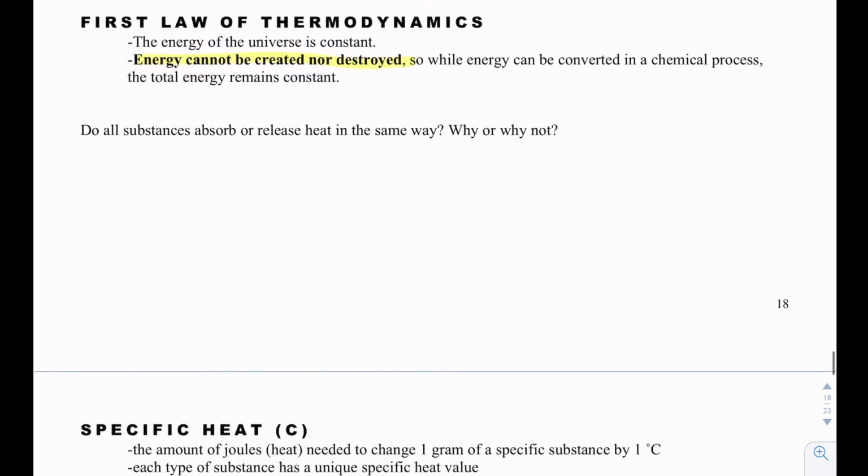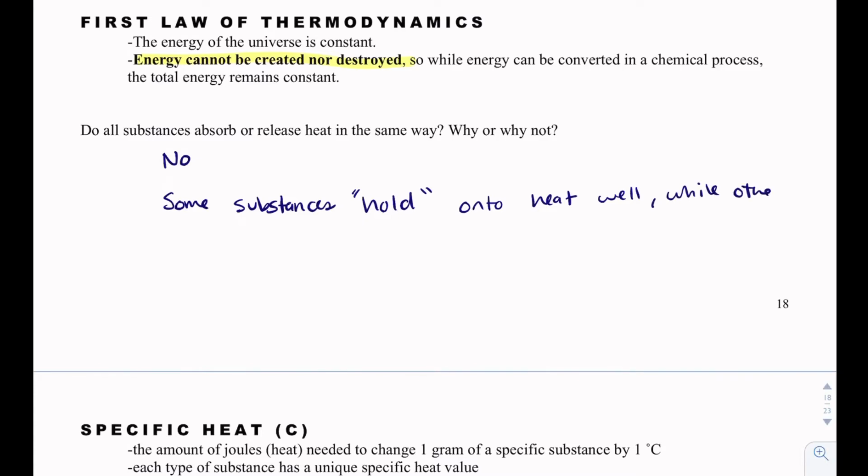Do all substances absorb or release heat in the same way? Obviously not. Some substances hold on to heat well, while others do not.